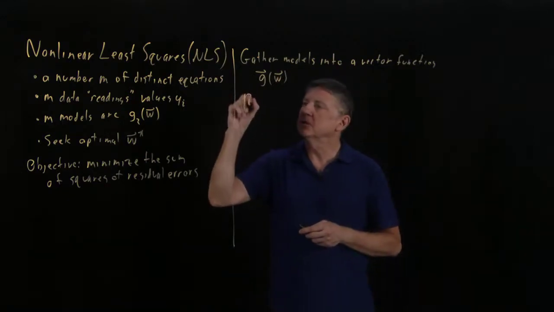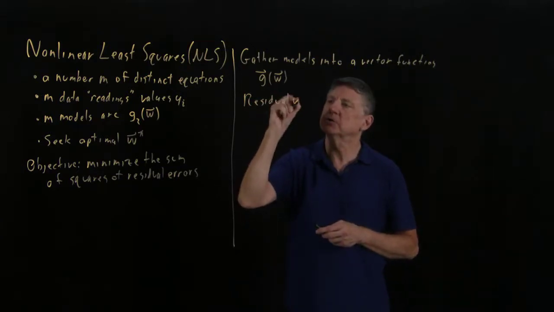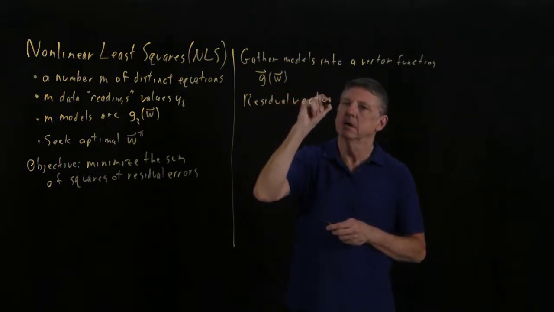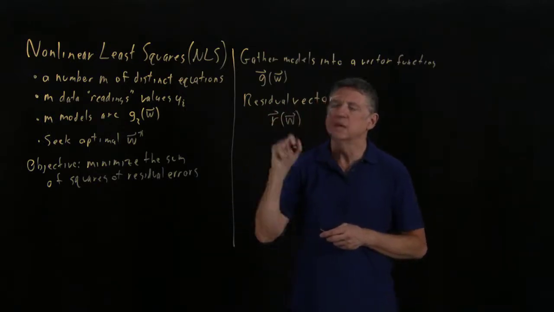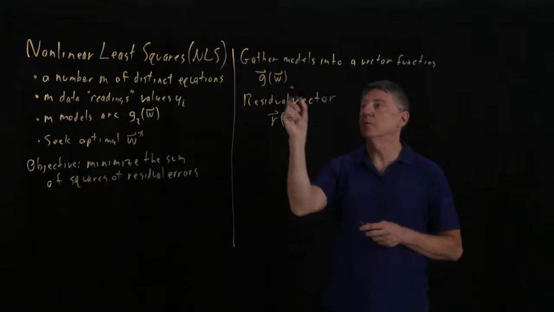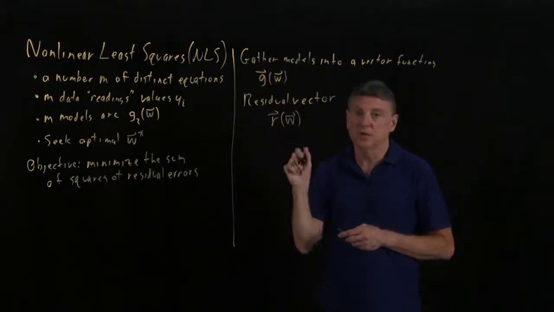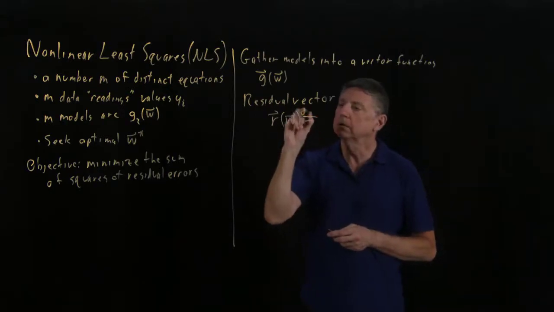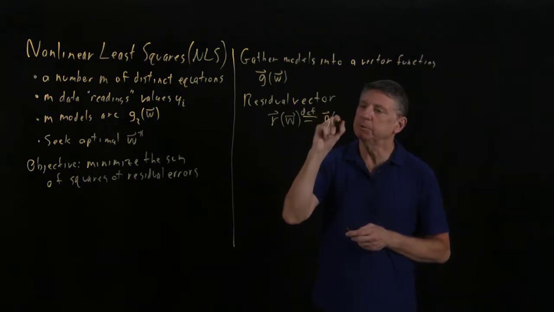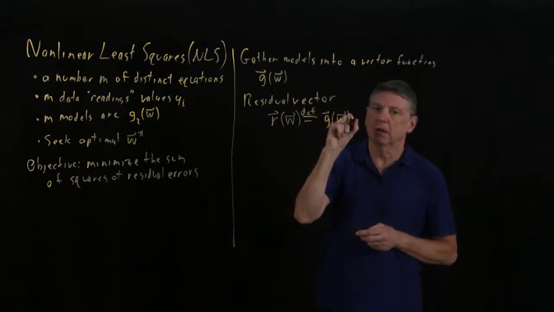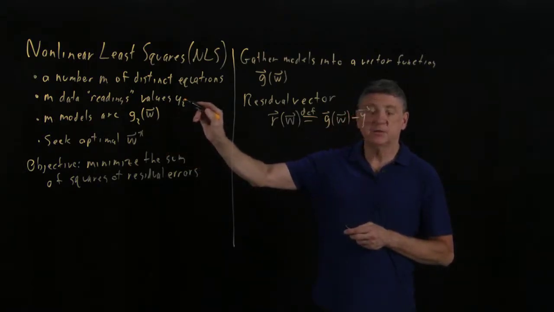We'll then formulate the residual error vector, well, I'll just call it the residual vector. Now this will vary depending on the w that we provide to each of these model functions. So the residual, we will define for this lecture as being the difference between the model and all of the given values that are gathered into a vector.